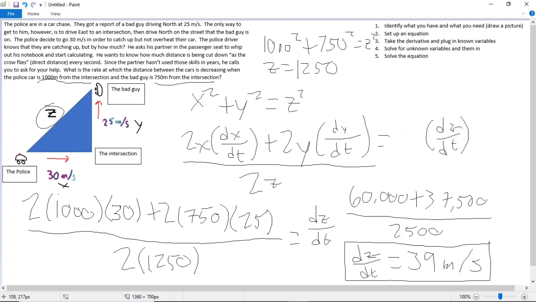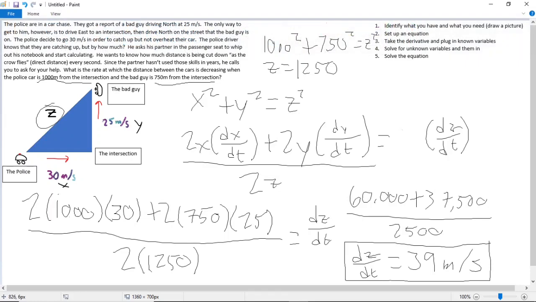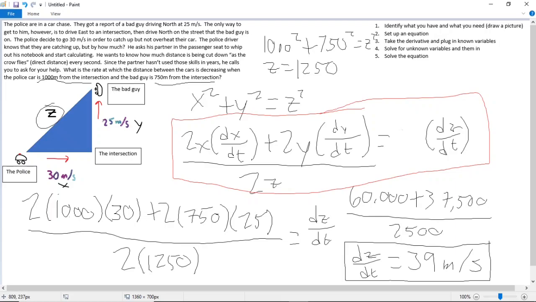If you do any more triangle problems like this, you'll always be left with this equation right here. You can save yourself a lot of time by memorizing that equation or writing it down somewhere, and then all you have to do is draw the picture, plug in your known variables, and solve for your unknown, and there you go.